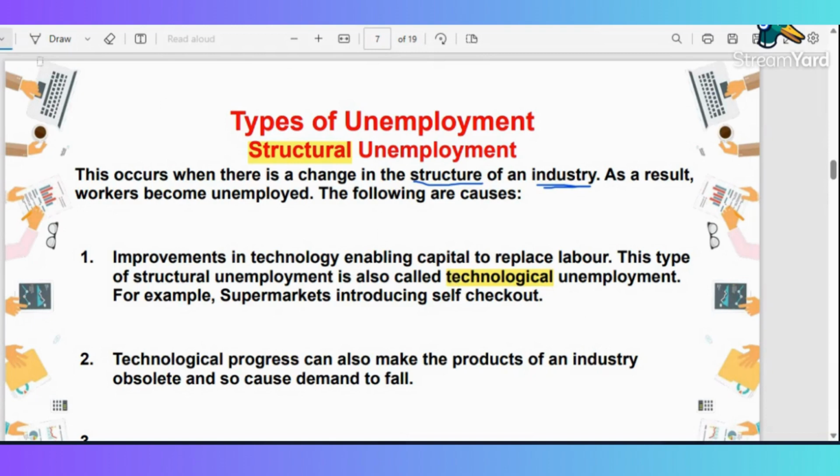Normally in supermarkets we have the cashiers who scan the products and tell you the price. Now in the modern era we have self-checkout where you scan the items yourself and you hear the device talking back to you. So technology is now improving and replacing the labor, right? That's a change in structure.